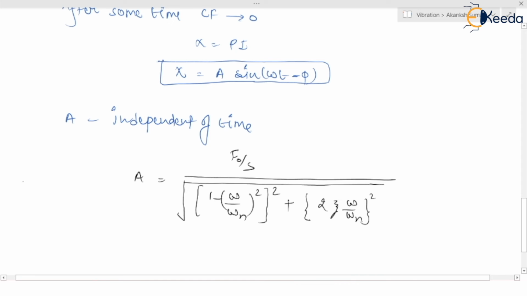So this is the amplitude of the forced damped system.